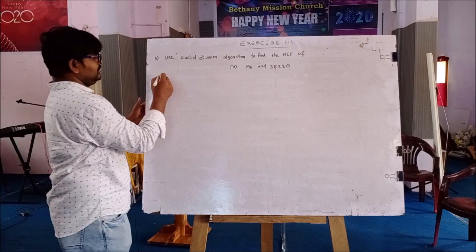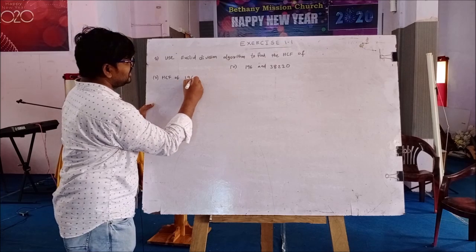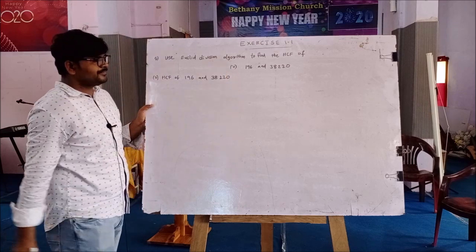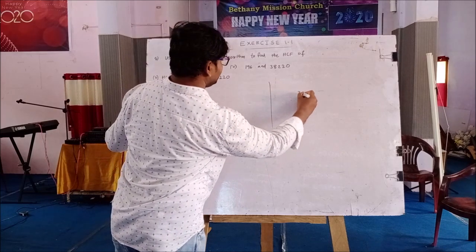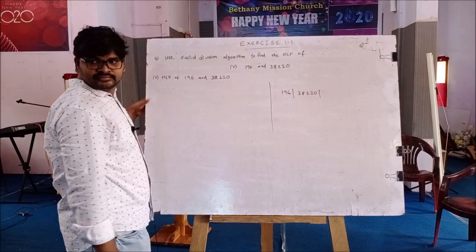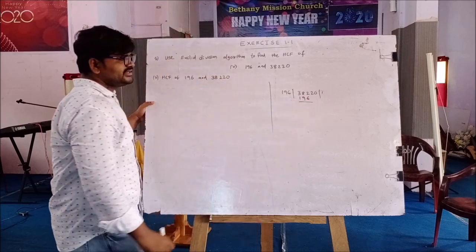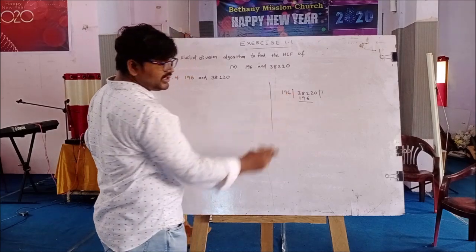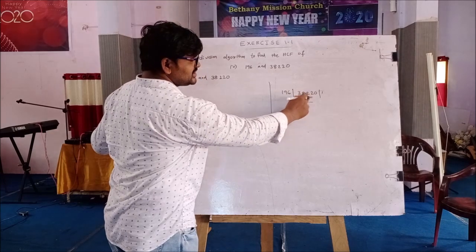And second question. Find the HCF of 196 and 38,220. 38,220 is divisible by 196. 196 one time, 196 two times, that is greater than 382, so take 196 one time, 196. 2 minus 6 we cannot subtract, so borrow from the ones place.